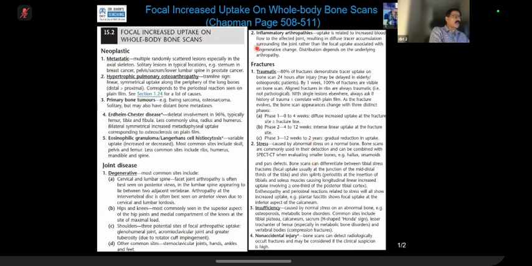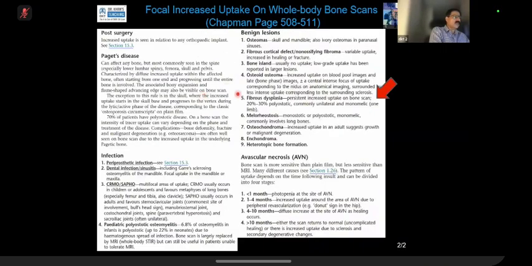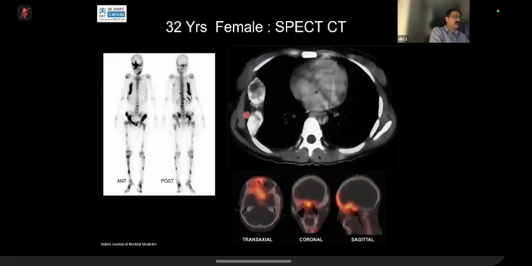And this is also given in your nuclear medicine chapter, 15.2 in your Chapman. And it is given here, fibrous dysplasia, and uptake in 20 to 30% polyostotic. This is from literature on SPECT CT.